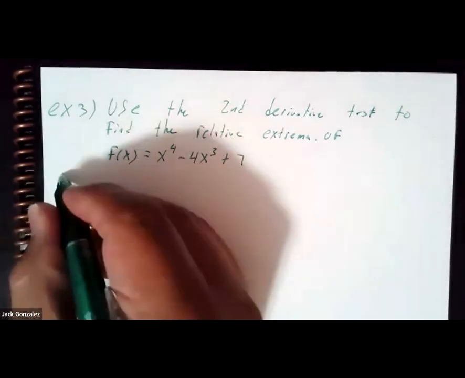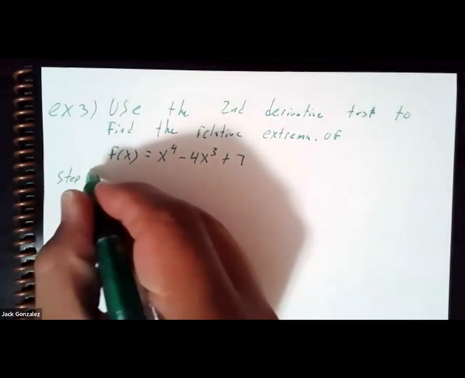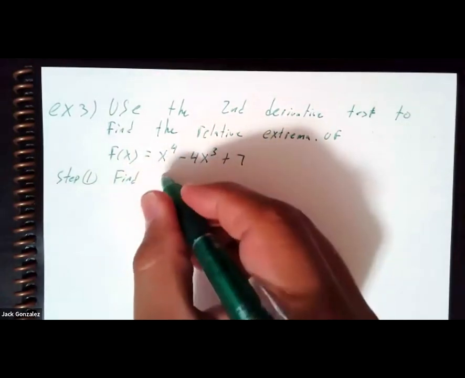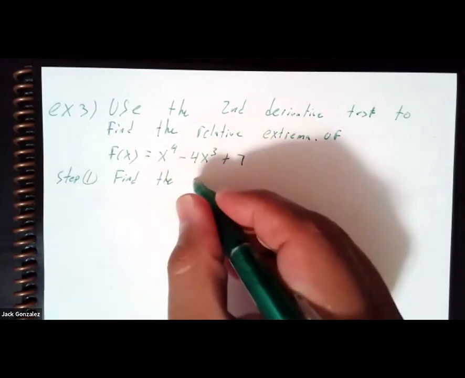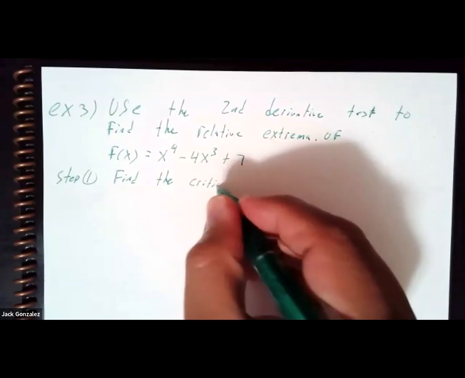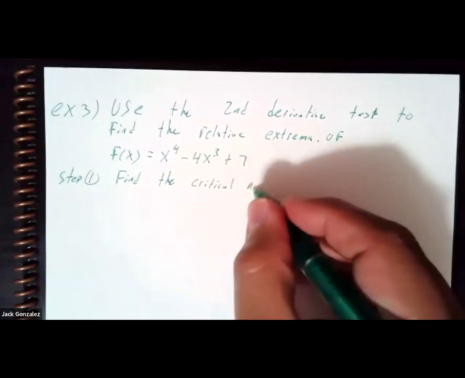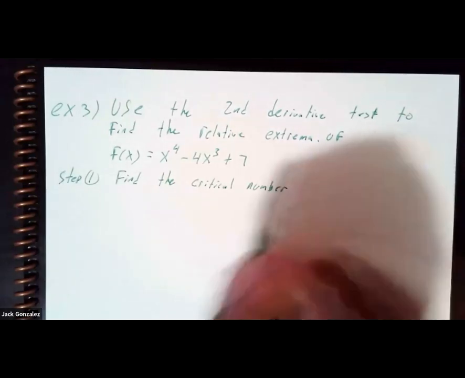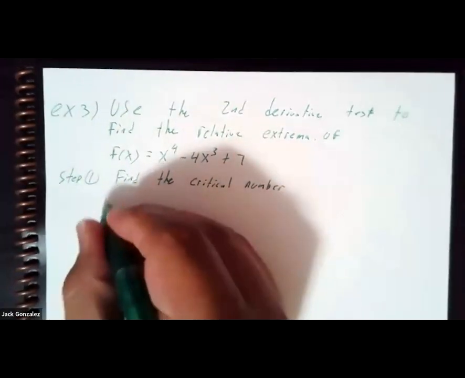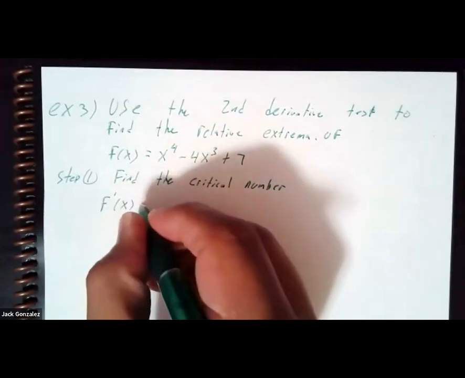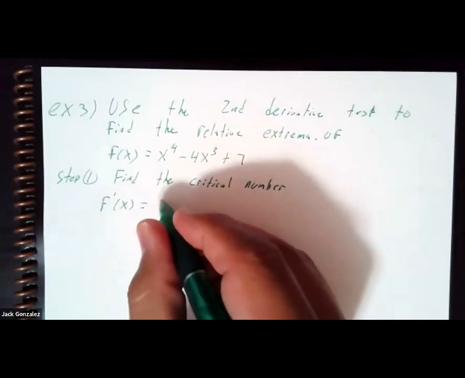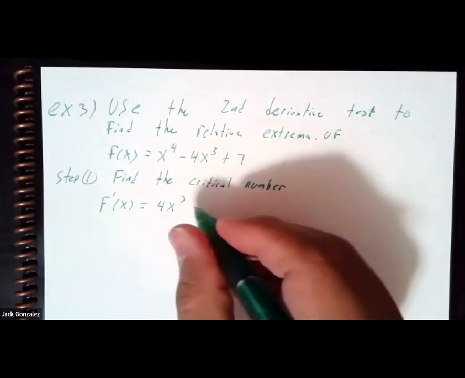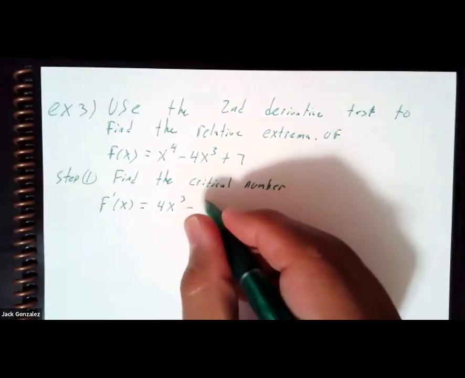Okay, so step 1. Find the critical numbers. We have to find the derivative and set it to 0, just like before.